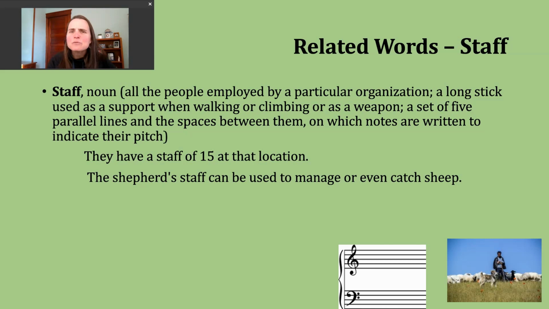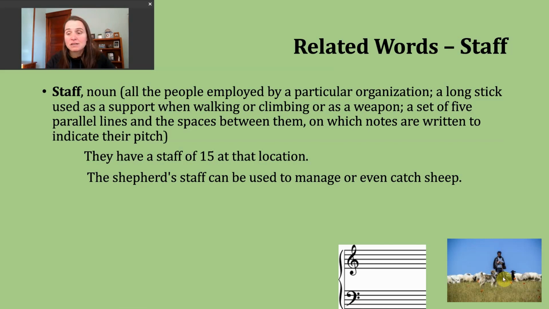Now, a second way staff gets used is to refer to a long stick that's either used as support when someone's walking. It might be used as some kind of tool or weapon. To help us understand this a little bit, and I apologize, I couldn't find a great picture of this today, but if you look down at the bottom right-hand corner of my notes here, I've got a little picture.